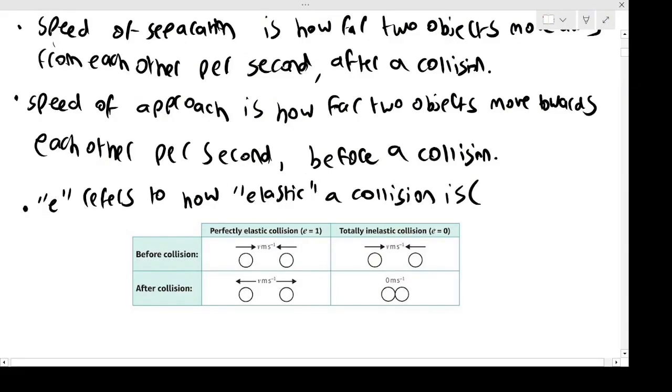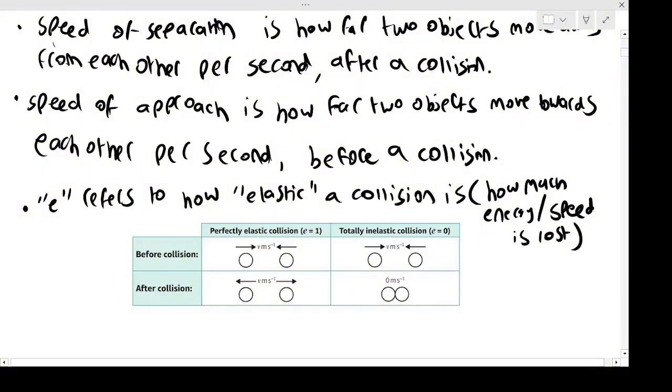Well, that just means it tells me how bouncy a collision is, so how well two balls bounce off each other. What that means is it refers to how much energy is lost, so how much energy or speed is lost in a collision.